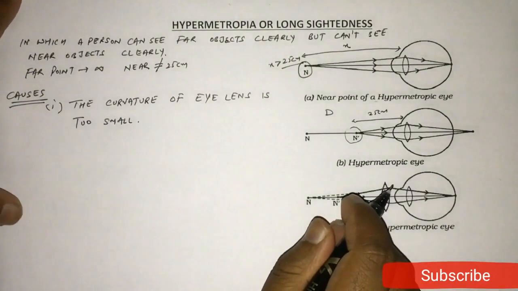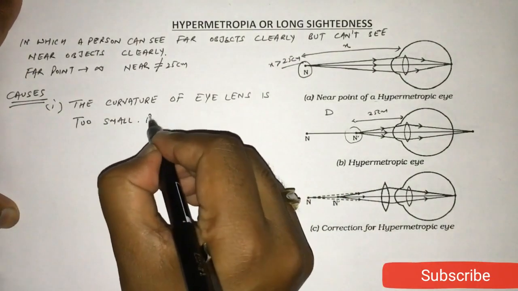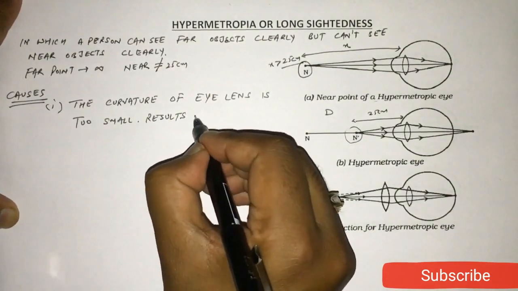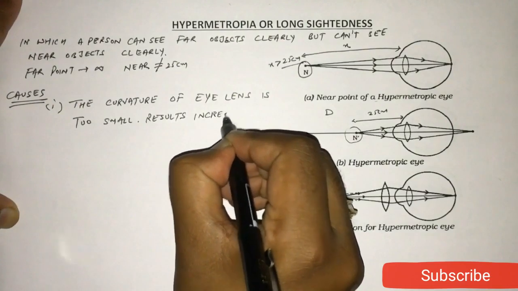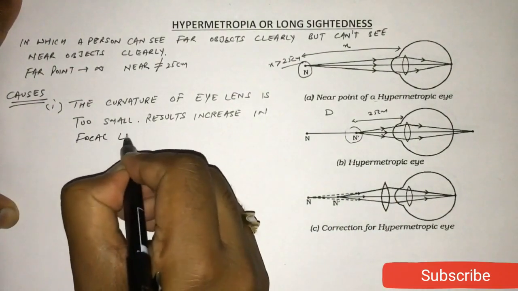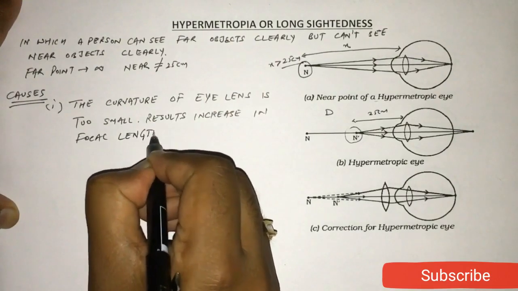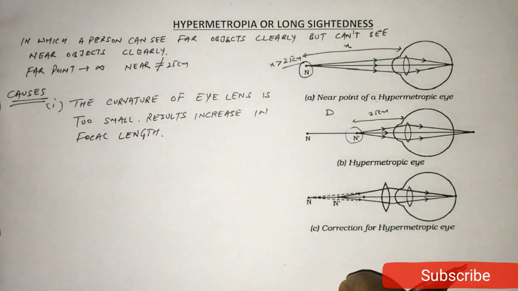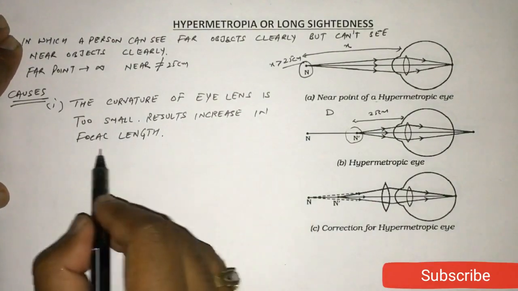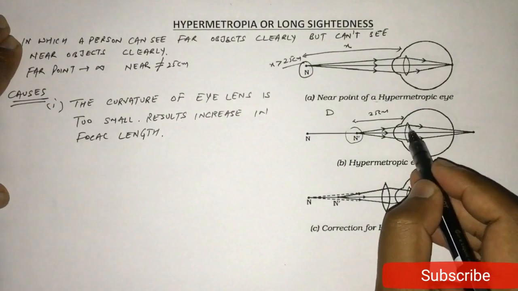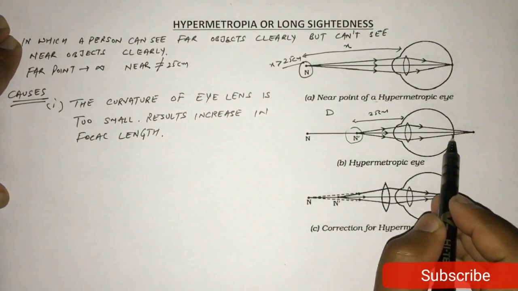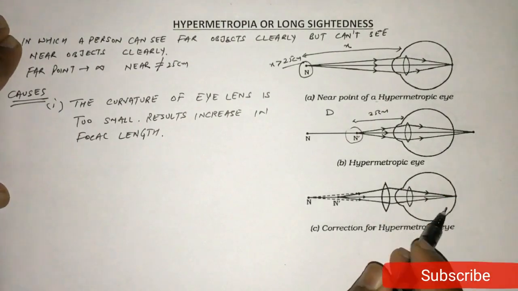Means the curvature of eye lens is small, which results in increase in focal length. So the focal length of this eye lens increases. That's why the image forms behind the retina.